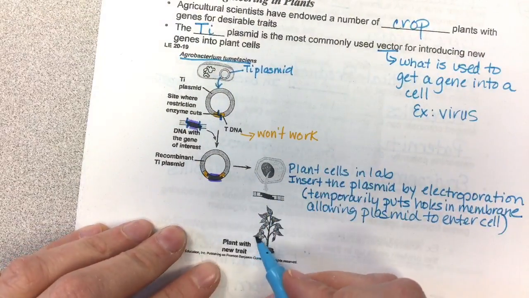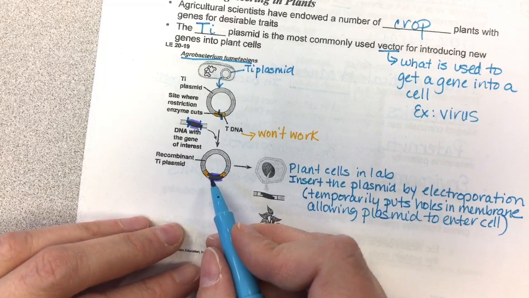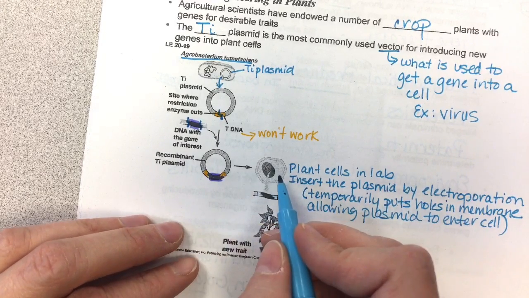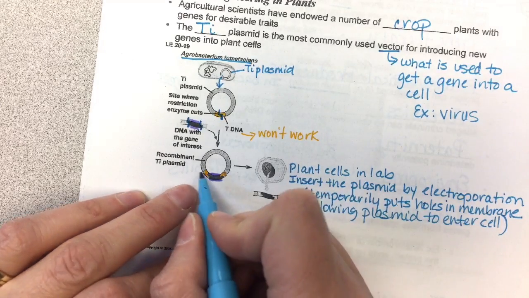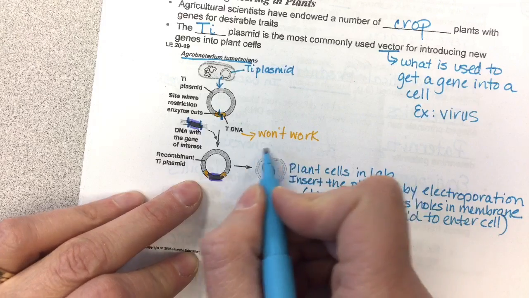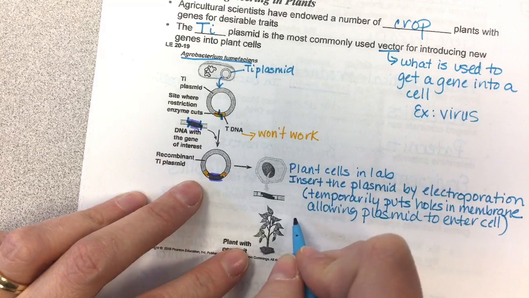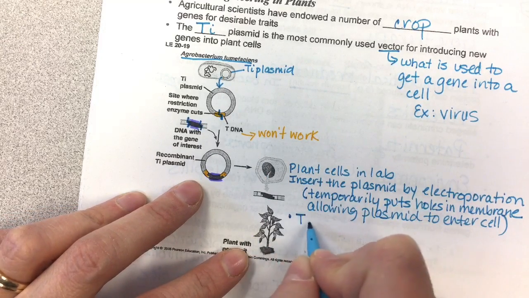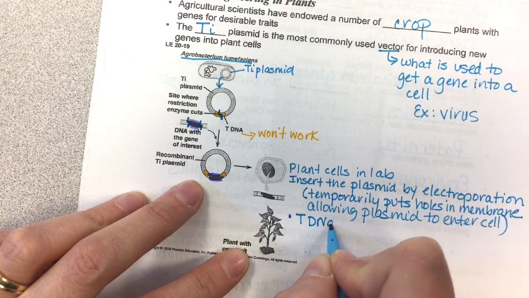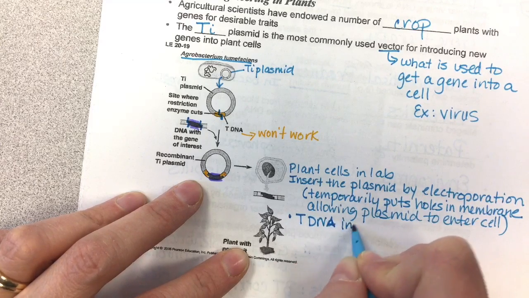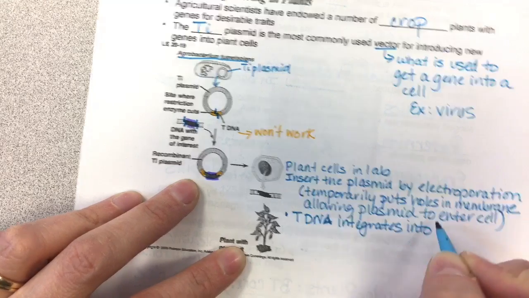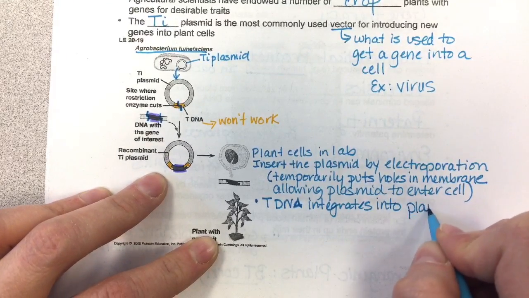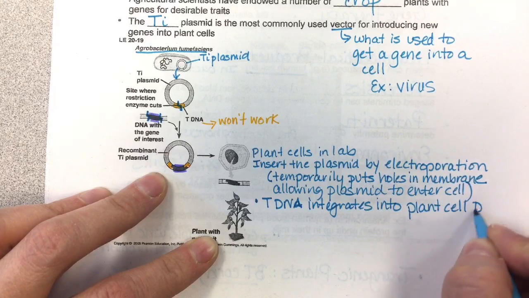So now it's in the cell, so that's what this picture is showing you. Now that plasmid is in the cell, and the tDNA integrates into the cell's chromosomal DNA, into the plant cell DNA.